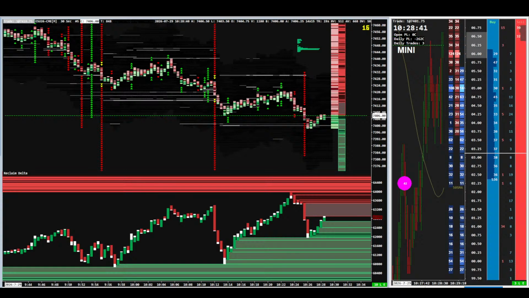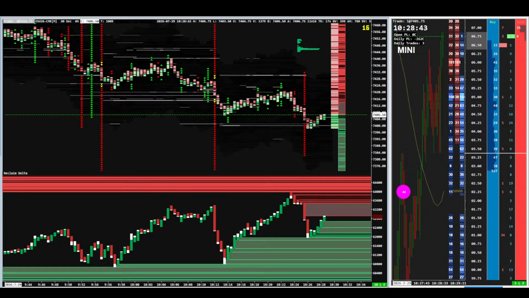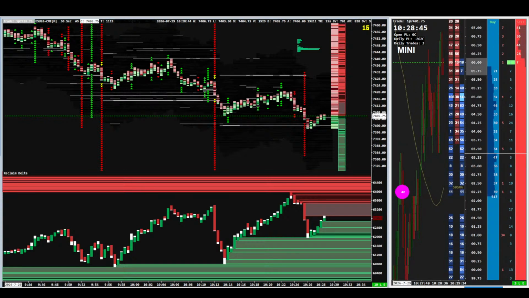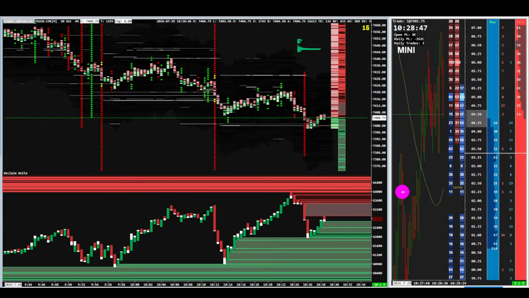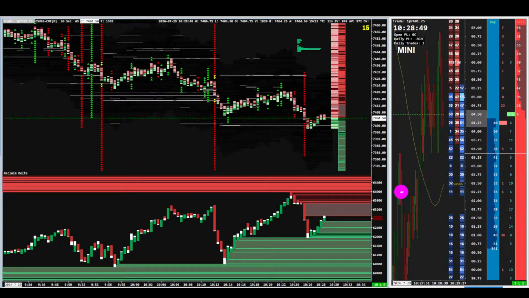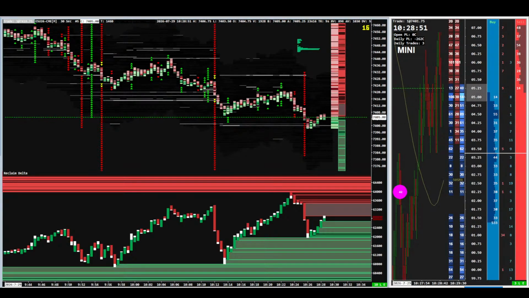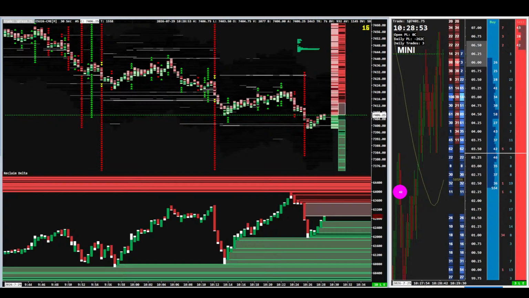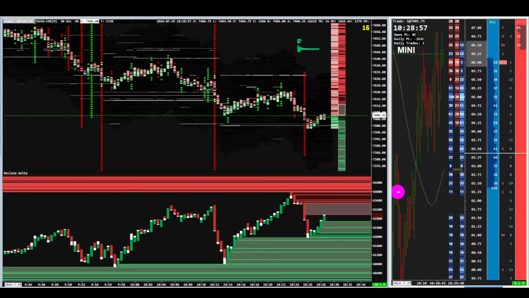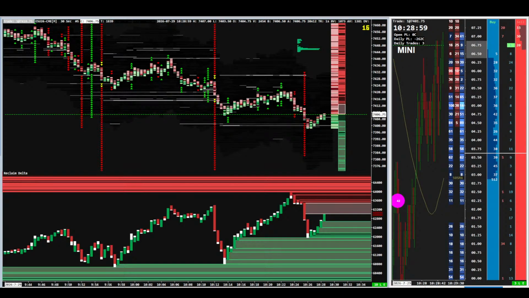Nice little slip range setting up here. Some decent open interest support below us.